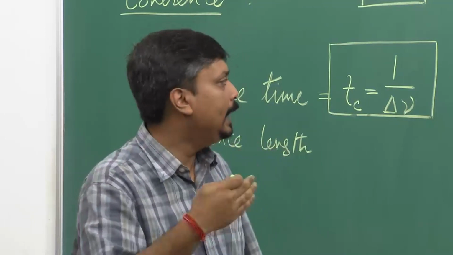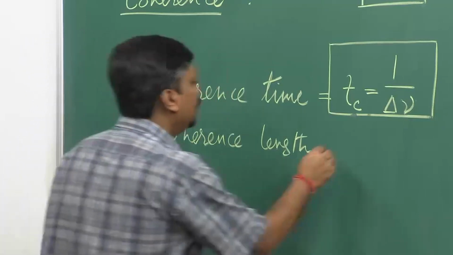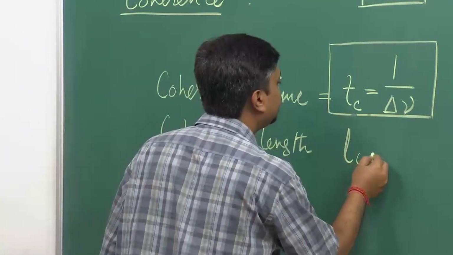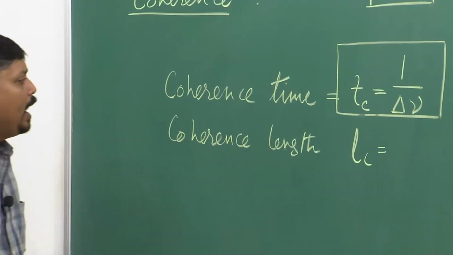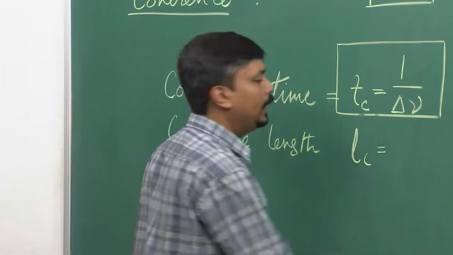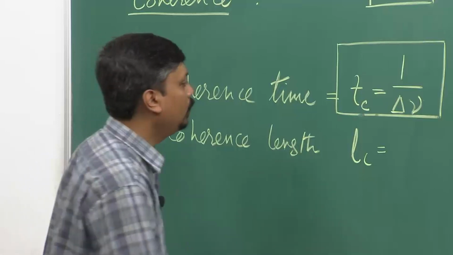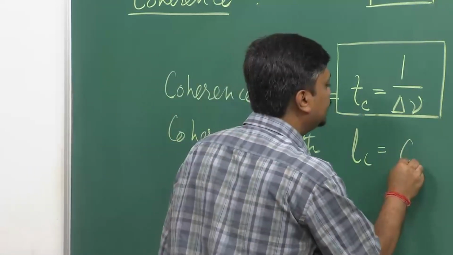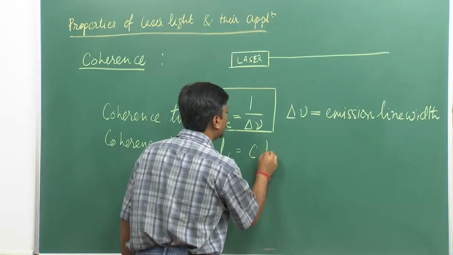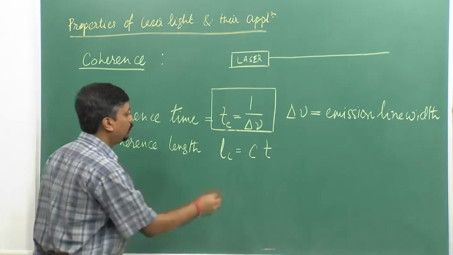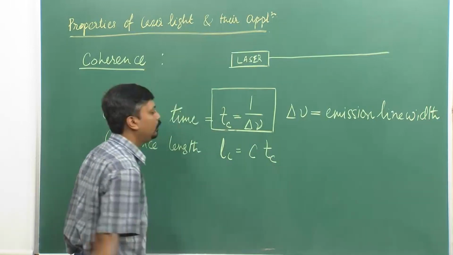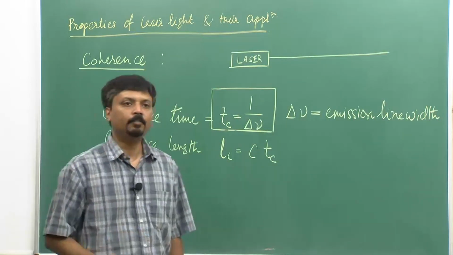So that particular length scale Lc is known as coherence length, and we can very easily figure that out. This is Tc multiplied by the speed of light.